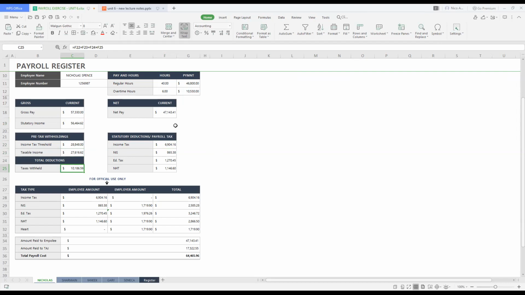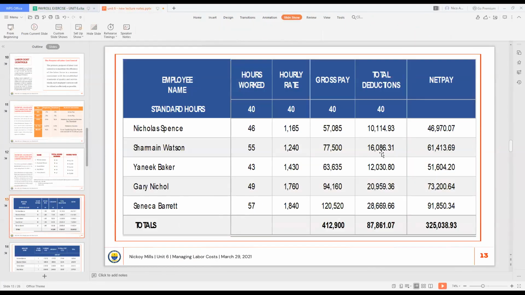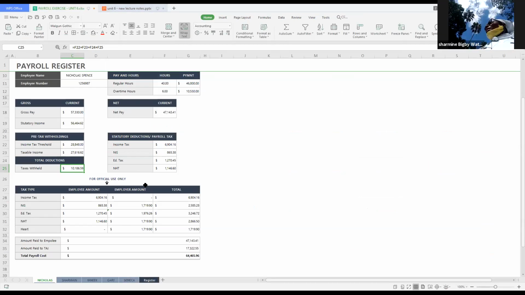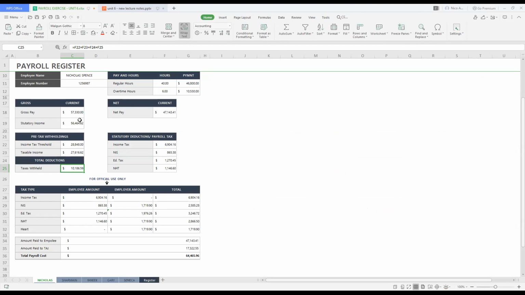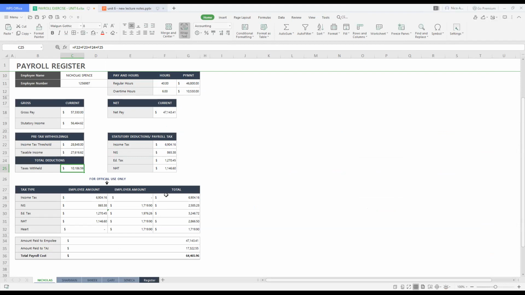And so the total tax withheld for Nicholas is $10,114.93. If we take that away from the $57,330, then we would be left with a net pay.